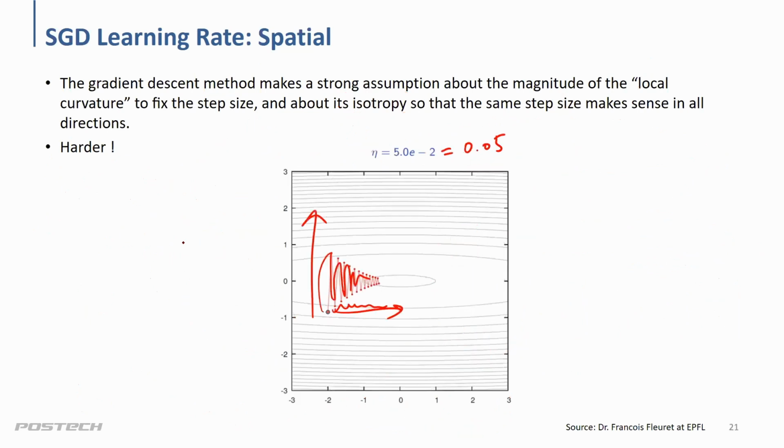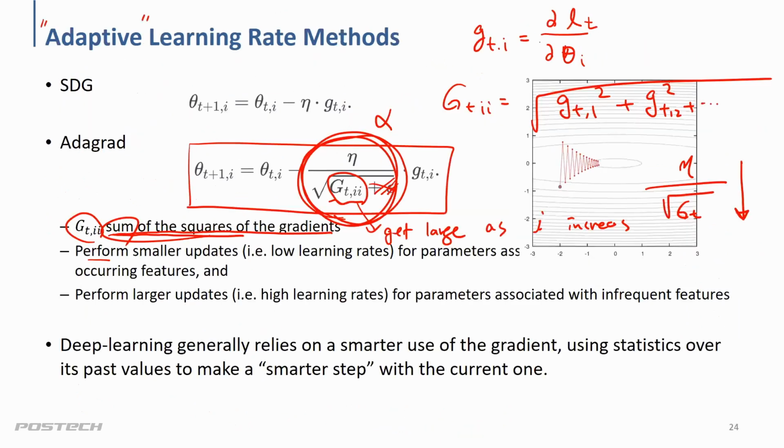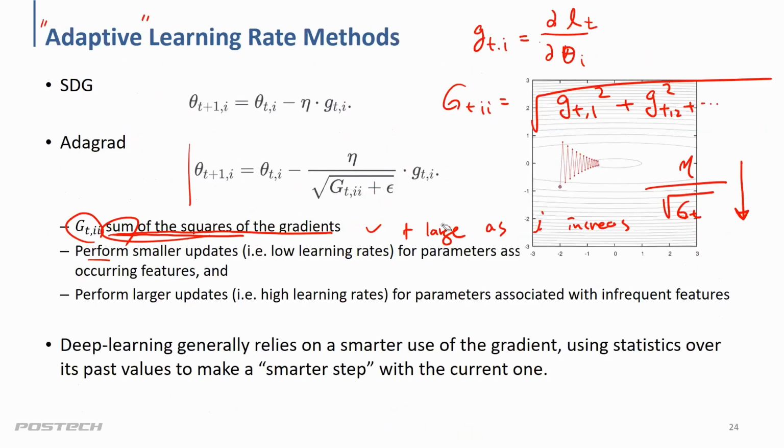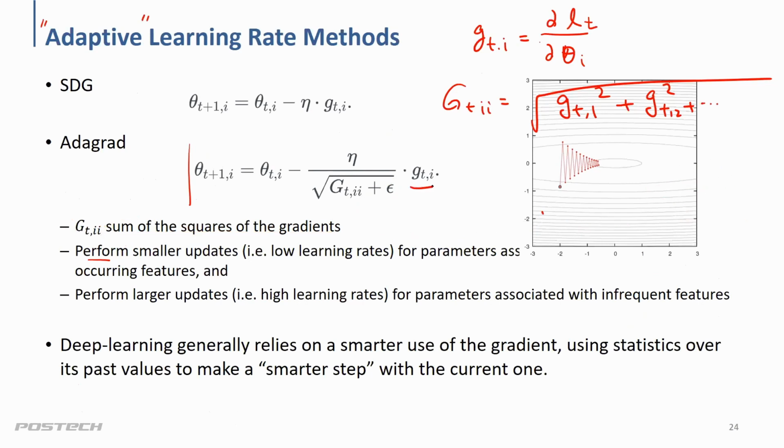So if we look at the adaptive one, these are the gradients, and this one is the sum of squares. If we have a larger value of gradient, this will be large, and since this is one over the square root, it will give smaller alphas.